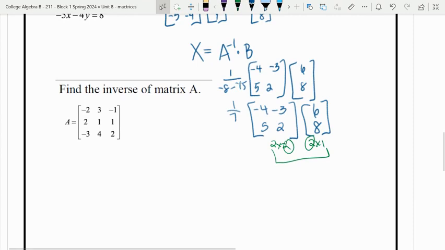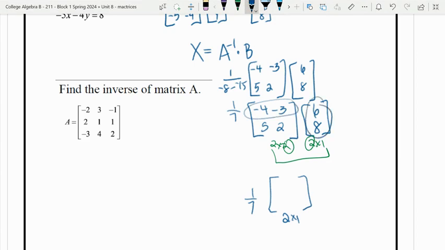So we're going to multiply those. I'll leave this 1/7 out front. Remember how to multiply matrices, row by columns. I'm going to take this row by that column. So -4 times 6 is -24 plus -24. And then I take second row by this column. So 5 times 6 is 30 plus 16.